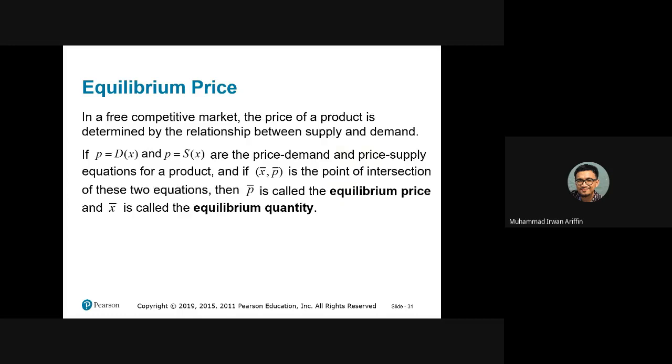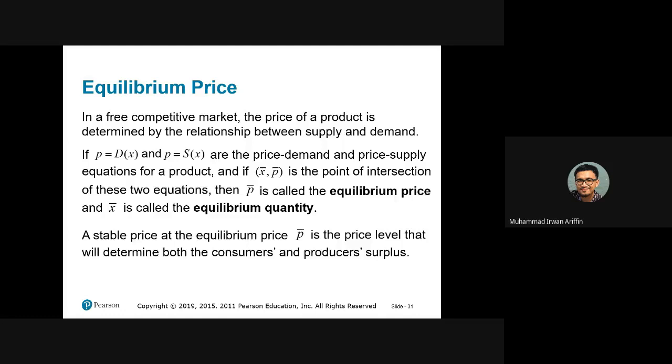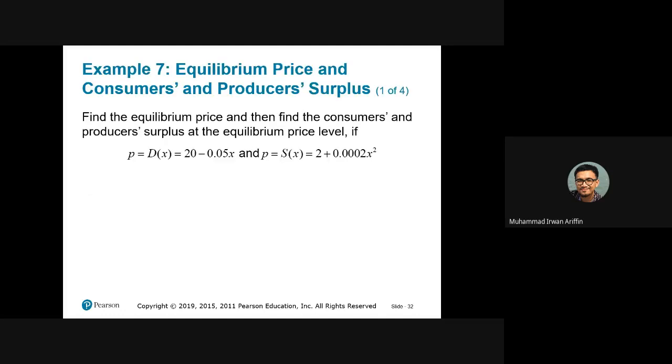In the next part, we want to find both the producer surplus and the consumer surplus together, when we need to find the equilibrium price. I'm going to leave this example to you, but make sure you know how to do this, because it's simply a combination of the two examples that we have discussed before.